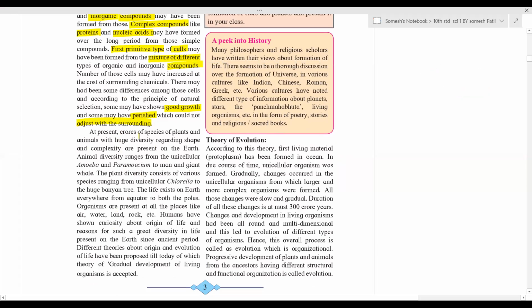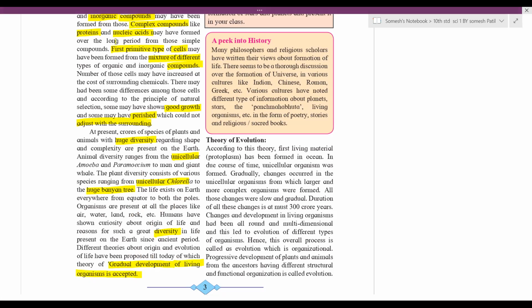Okay. So at present, we have what? Different kinds of huge diversities. We have small unicellular to multicellular. We have the smallest chlorella to the huge banyan tree. So this all diversity is the result of what? It is the result of evolution. So what is evolution? It is a gradual development of living organisms.